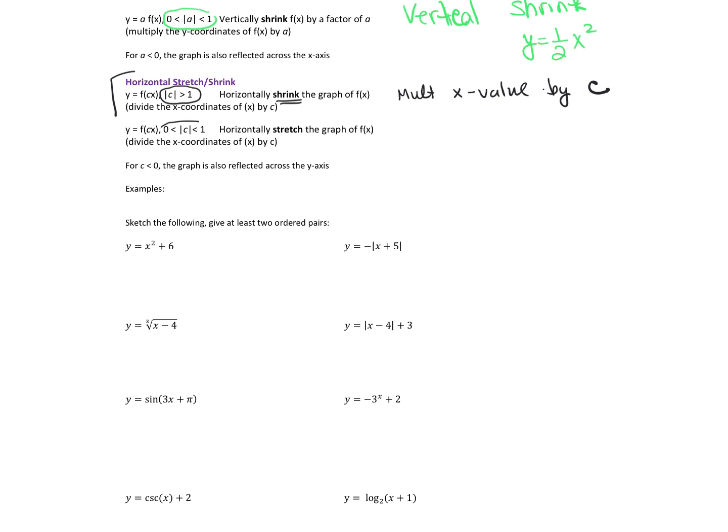And if it's between 0 and 1, then it's going to be a stretch. So for example, if I have f of x equals 2x quantity squared, because I multiplied the x by something bigger than 1, this is actually going to be a horizontal shrink.